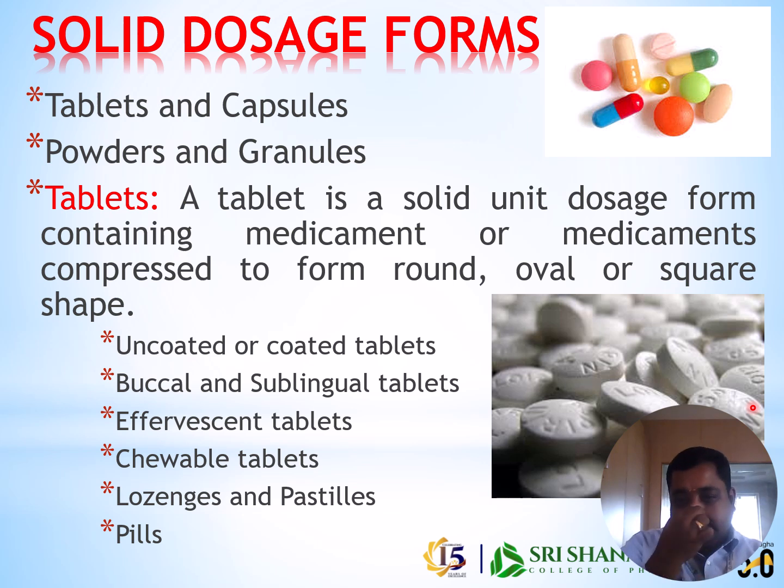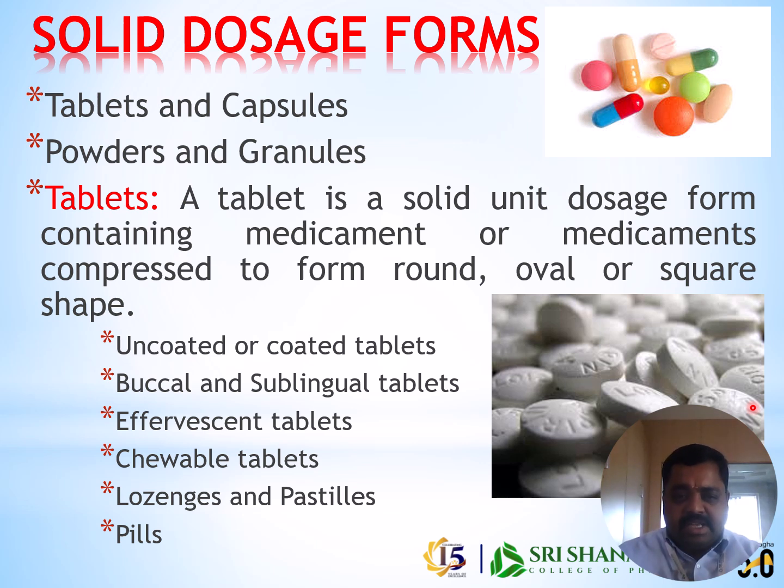Solid dosage forms include tablets, capsules, powders and granules. A tablet is a solid unit dosage form containing medicament or medicaments compressed to form round, oval or square shaped dosage forms.